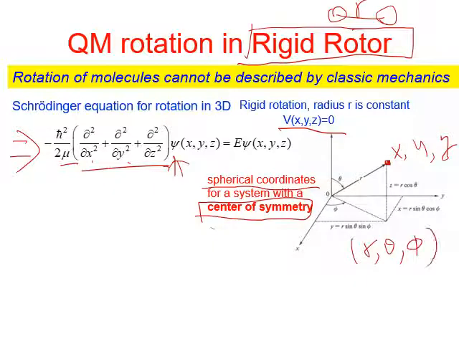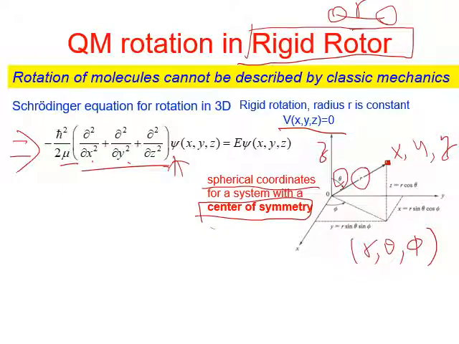Here r is the distance between the origin and the point. Theta is the angle between the z direction and the line from the origin to the point.